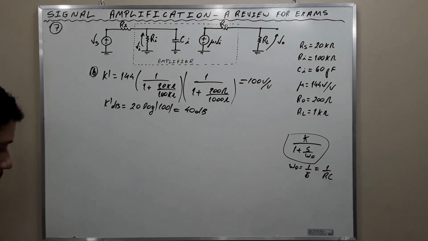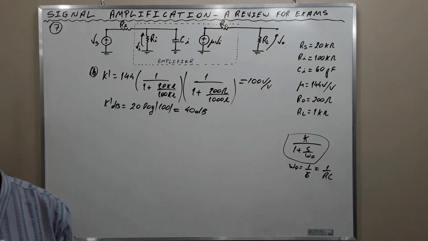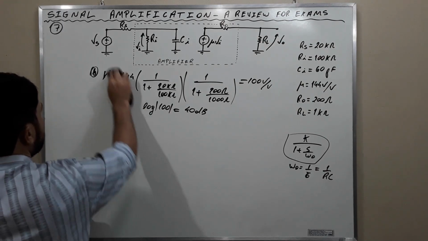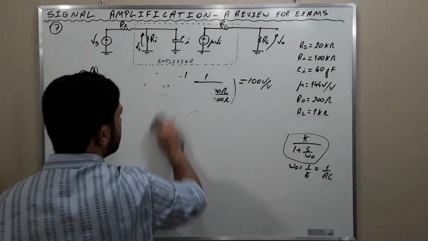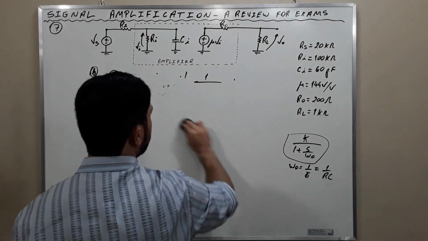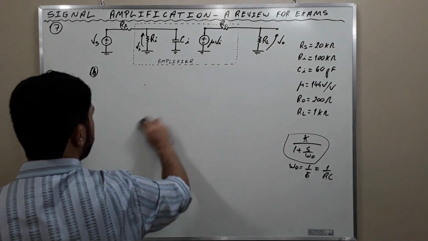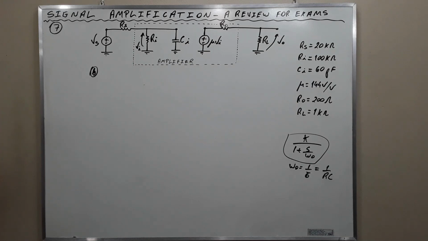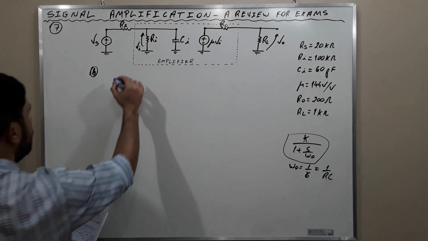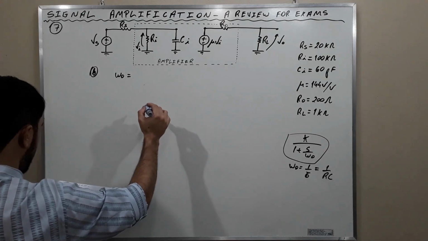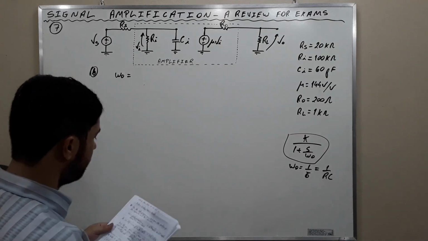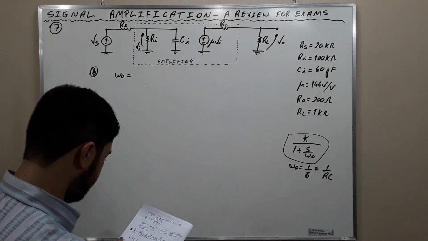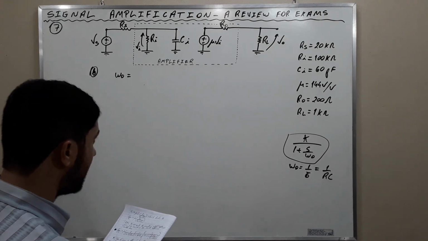Now for the 3 decibels frequency, let's calculate it. We use the values of the capacitor and the resistors. We came up with the expression for the 3 decibels frequency. We use the values, okay? The 3 decibels frequency is RS plus RI.